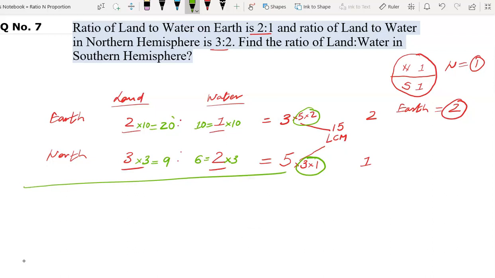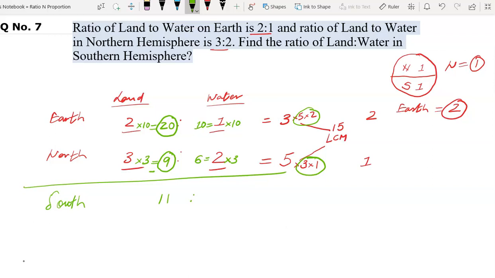Now in earth the total land is how much? 20. In north it's 9. So if we need to find how much land is in south, what we will do? We will subtract 9 from 20. Total land on earth is 20. In the northern hemisphere if it's 9, then in the southern hemisphere it will be 20 minus 9, which is 11.